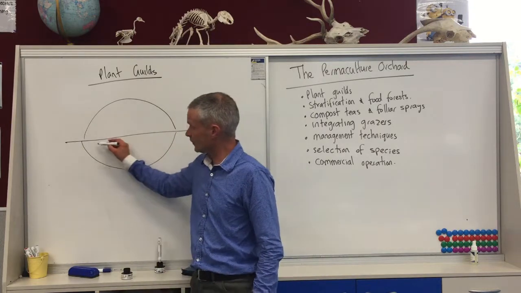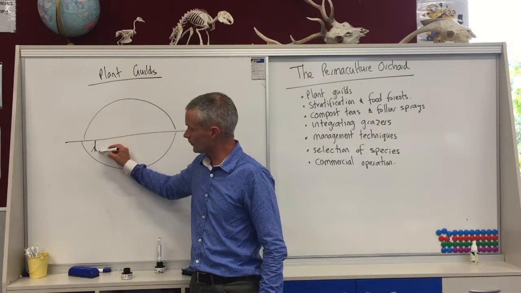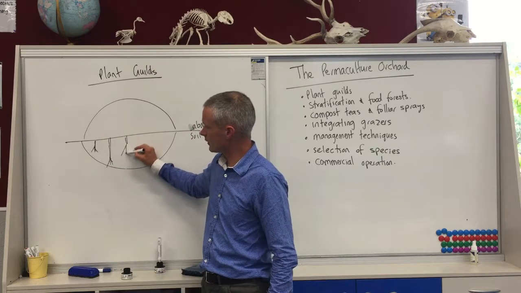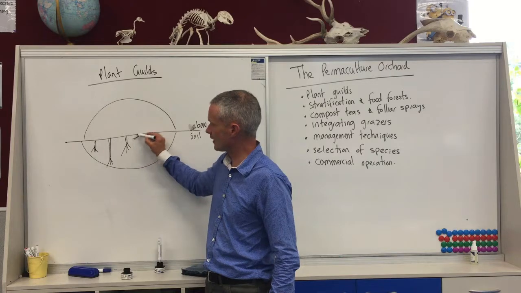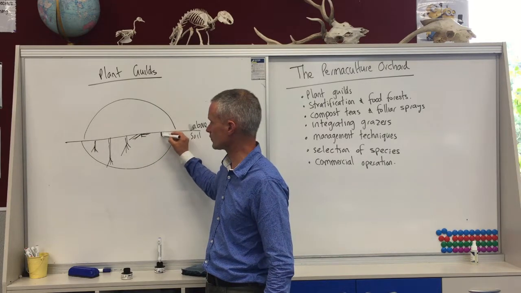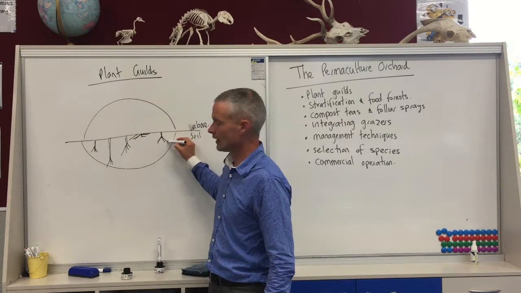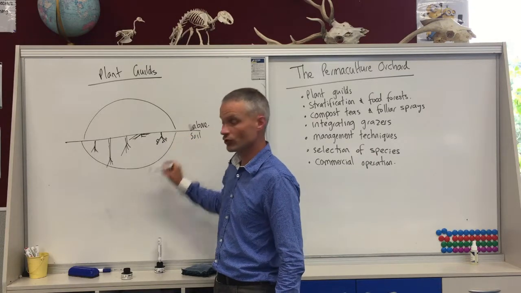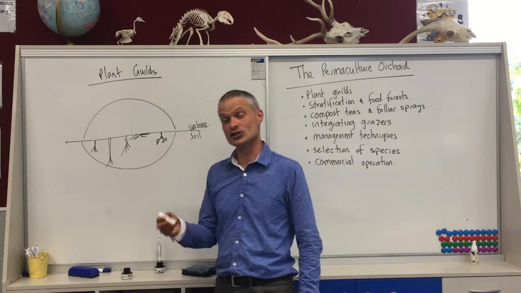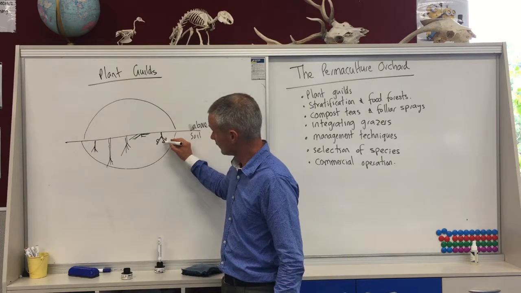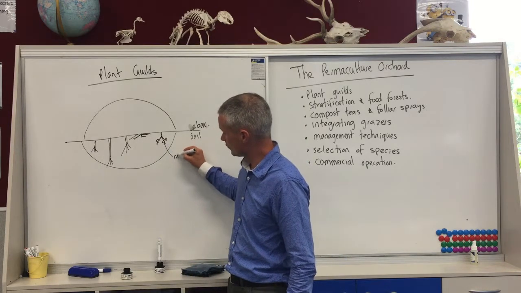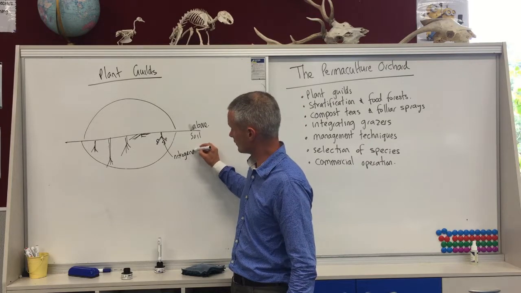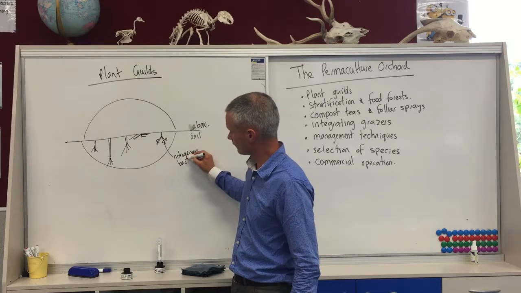So if we look at below soil, you have different plants that have different effects within the soil. So you may have plants with nodules on their roots, and these nodules act as home for nitrogen fixing bacteria, and we call these nitrogenous bacteria.